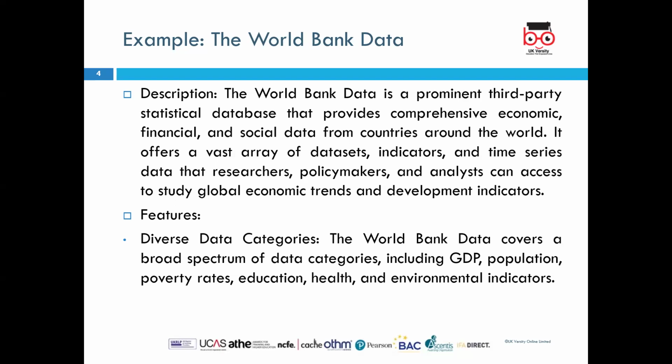For example, how many people suffer from malnutrition, what is the poverty rate, what is the unemployment rate, and some financial indicators like what is the GDP growth, which components of GDP are growing, the breakdown by sectors. So these are some of the data categories that feature in the World Bank database.